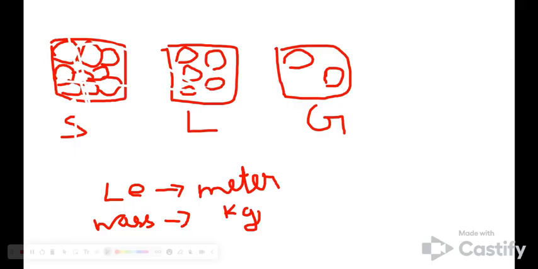Leading zeros don't count, so 0.0045 has 2 significant figures. Trailing zeros count only if a decimal is present, like 4.500 has 4 significant figures.